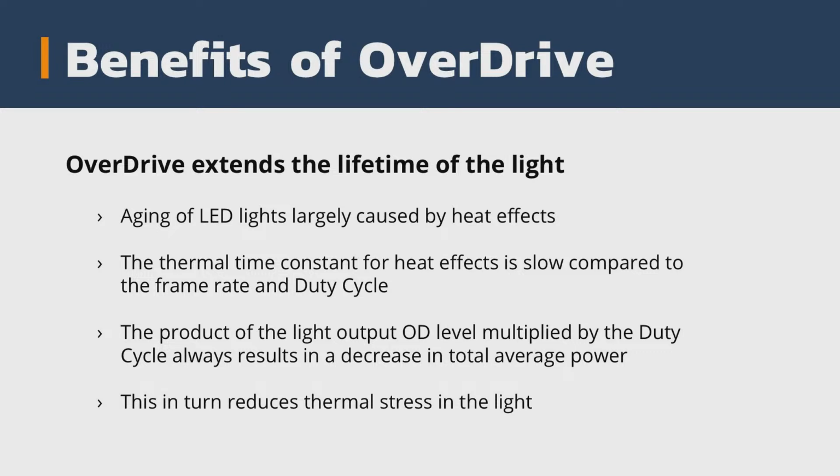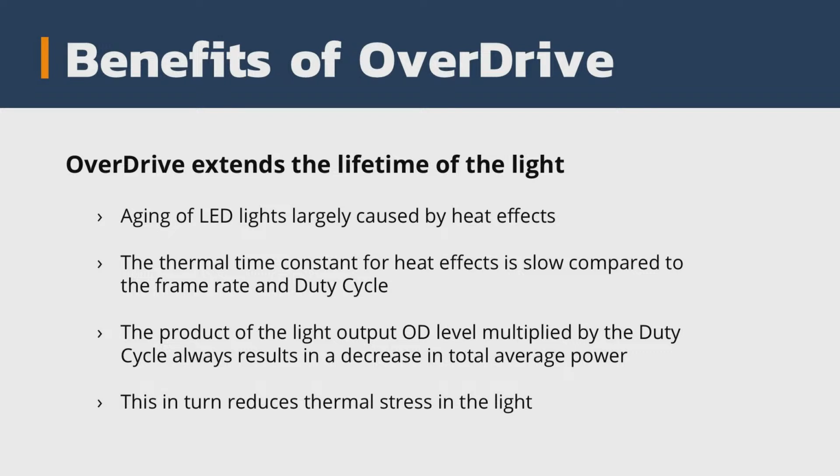So the product of the light output level, let's say 3x for argument's sake, multiplied by the duty cycle, let's say 10% for argument's sake here, always results in a decrease in total average power. So if I'm at 300% of my output power, but for only 10% of the cycle, then the average power is actually only 30% of what it would be if that light were continuously on.